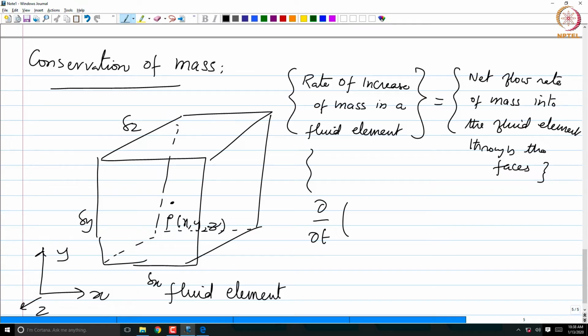The mass will be the density times the volume, right? So essentially, we have the density rho, and the volume is delta x, delta y, delta z. So this is the term on the left-hand side that we have: partial t of rho times delta x, delta y, delta z.